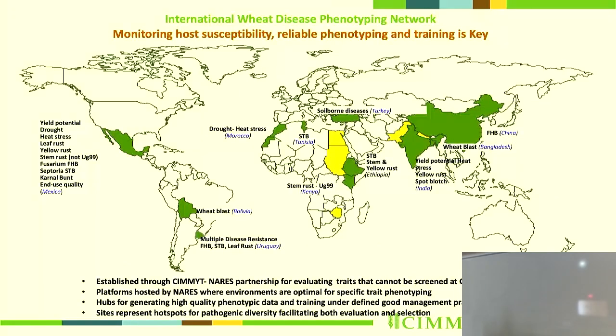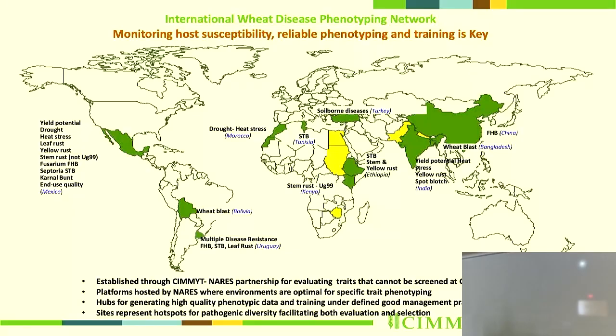Okay, so just to show, I think the strength of CIMMYT is its international collaborations and the international phenotyping platforms that we have across the globe for different diseases. For rust, we have a phenotyping platform for leaf rust in Obregon, Mexico, for striiformis in Toluca, Mexico, and we also have phenotyping platforms for striiformis and stem rust in Ethiopia, and in Njoro, Kenya as well.